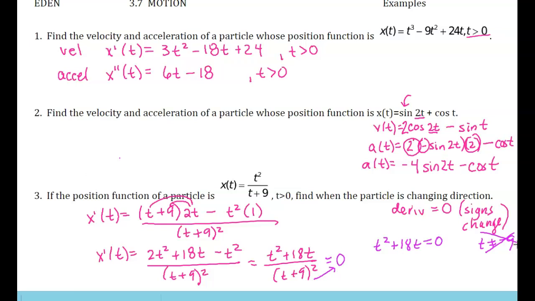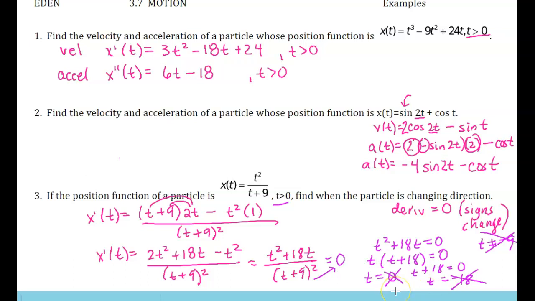We're going to common factor. So t equals 0, t plus 18 equals 0. So subtract. But remember, because of our domain restriction, we don't have this. T equals 0 is actually not even defined.